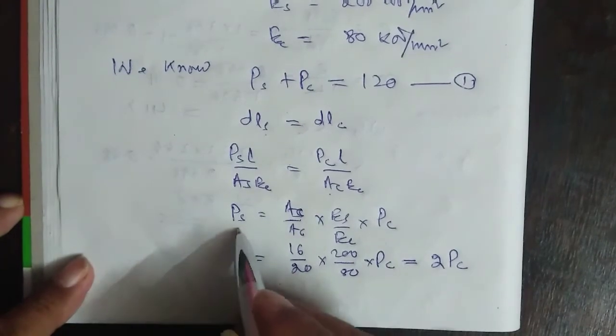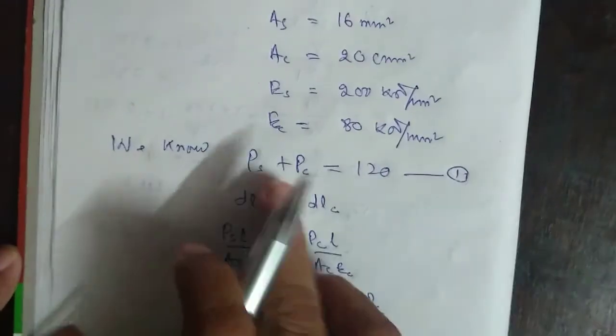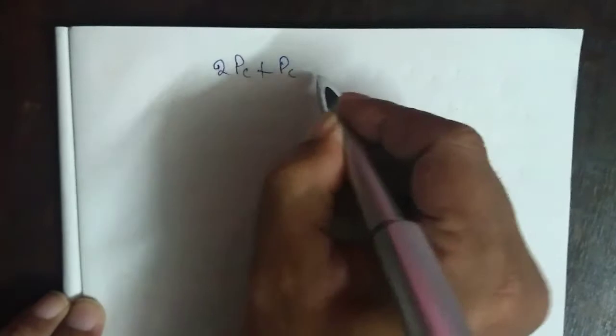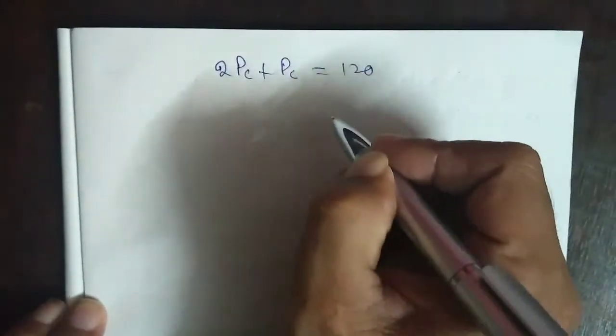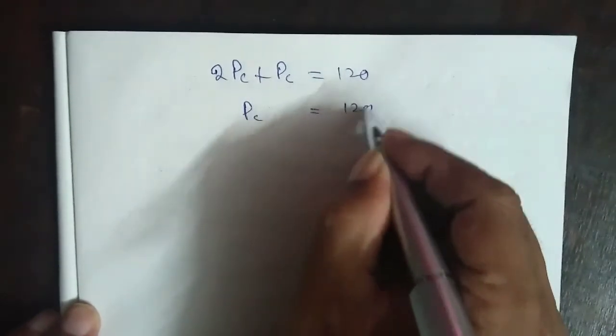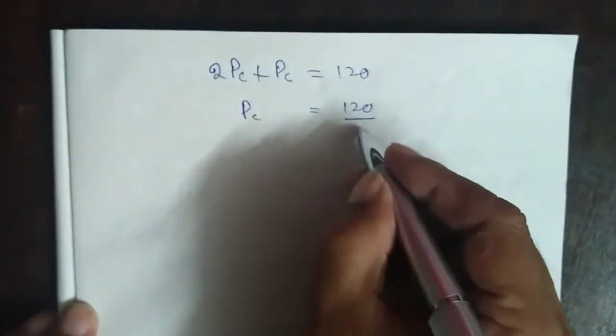So putting this value of PS in equation number 1, we can solve the equation and find PC. In place of PS, we can write 2 PC plus PC is equal to 120 as per equation number 1. So PC is equal to 120 by 3.